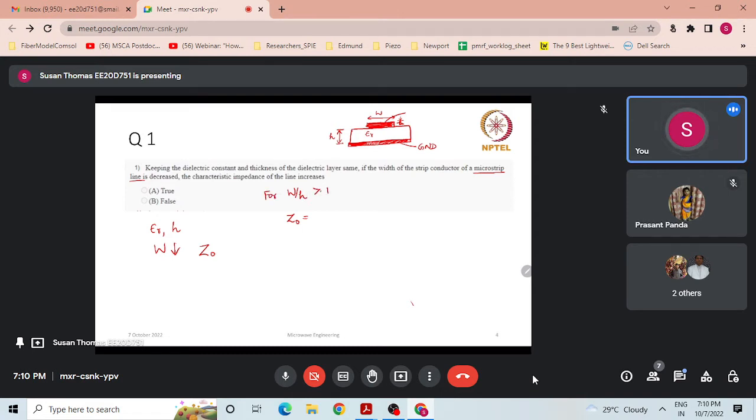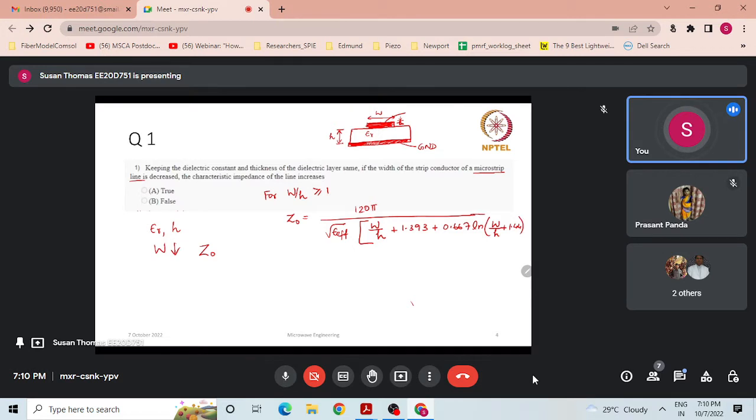that is for the case W by H greater than or equal to 1, that means the width is much greater than the height. In such a case, Z0, the characteristic impedance, can be written as 120 pi divided by root epsilon effective into W by H plus 1.393 plus 0.667 ln of W by H plus 1.44.